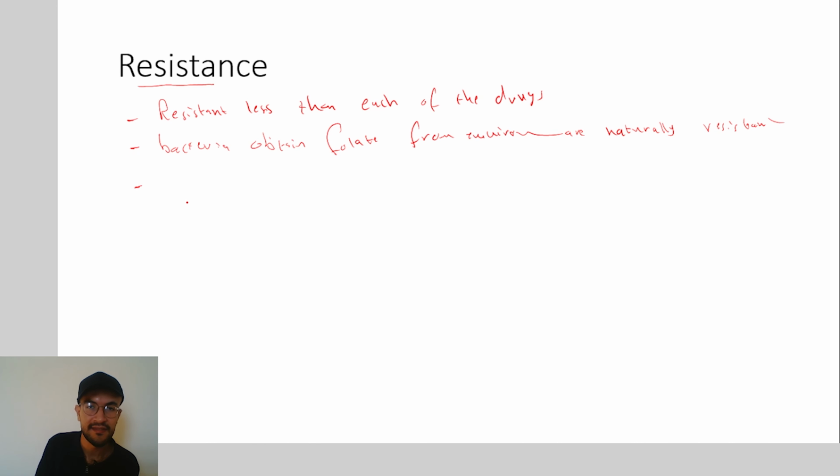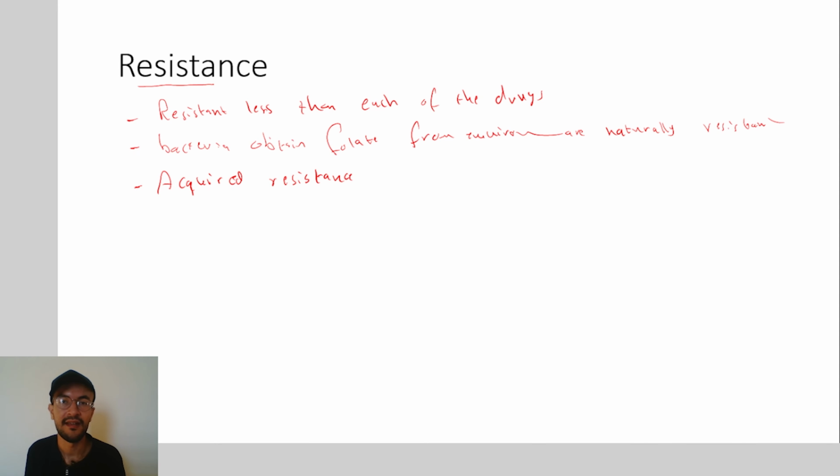The acquired resistance against the co-trimoxazole is by enhancing the protection of the natural substrates and the defective dihydropteroate and dihydrofolic acid synthetase.